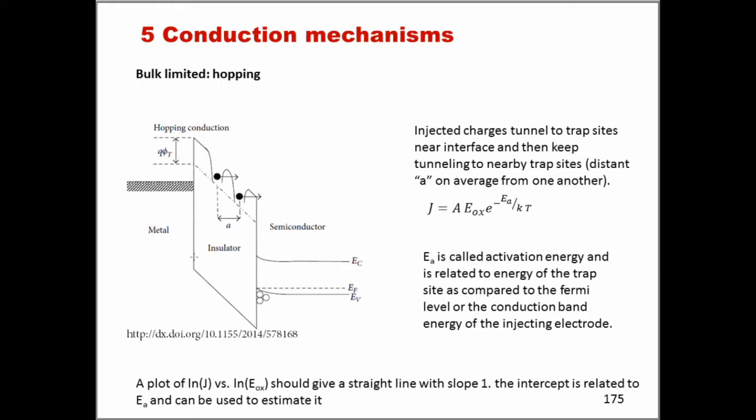So imagine to be in a situation where we have our MOS device. So this is our metal oxide semiconductor system. And let us imagine that the insulator is not an ideal insulator, but has some bulk traps indicated by this dashed line here.